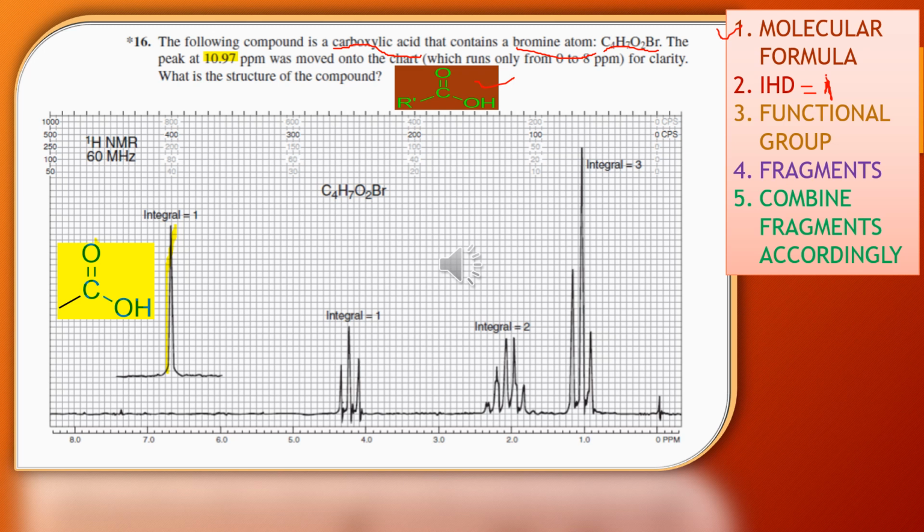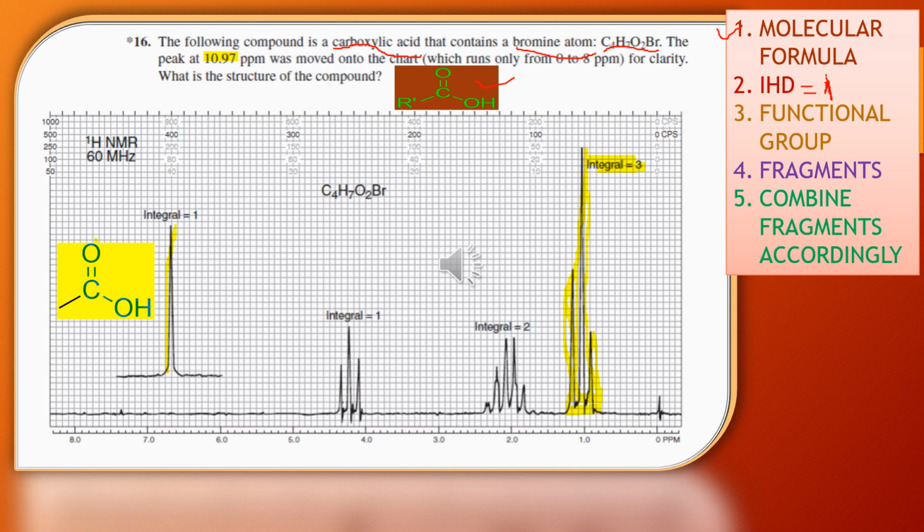Now come to this peak. This is more shielded, right? You can see here the integral is 3. Integral 3 means it is CH3, a carbon which is attached to 3 hydrogens, right?